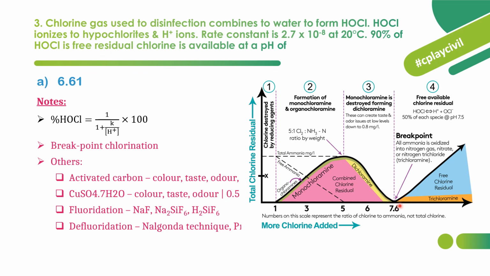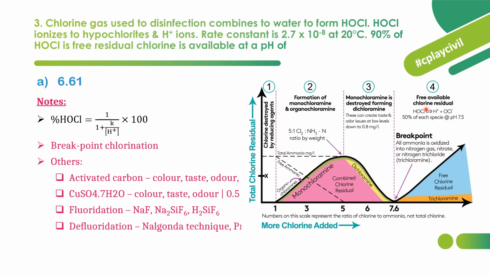After this breakpoint, whatever chlorine we add will remain as residual, or overdosage, we can say. So free chlorine residual will be happening. Breakpoint chlorination means the chlorine we are adding after the breakpoint. So that is the breakpoint. All ammonia is oxidized into nitrogen gas, nitrate or nitrogen trichloride at the breakpoint.